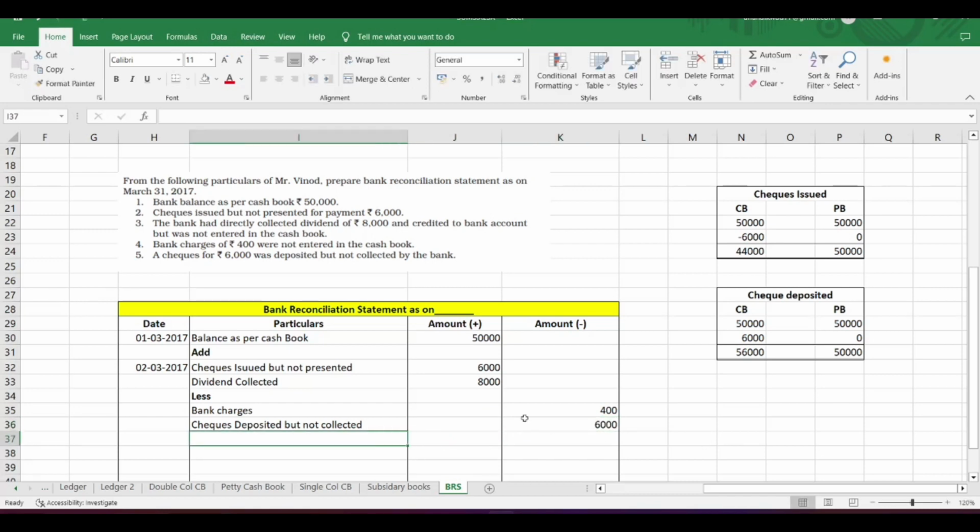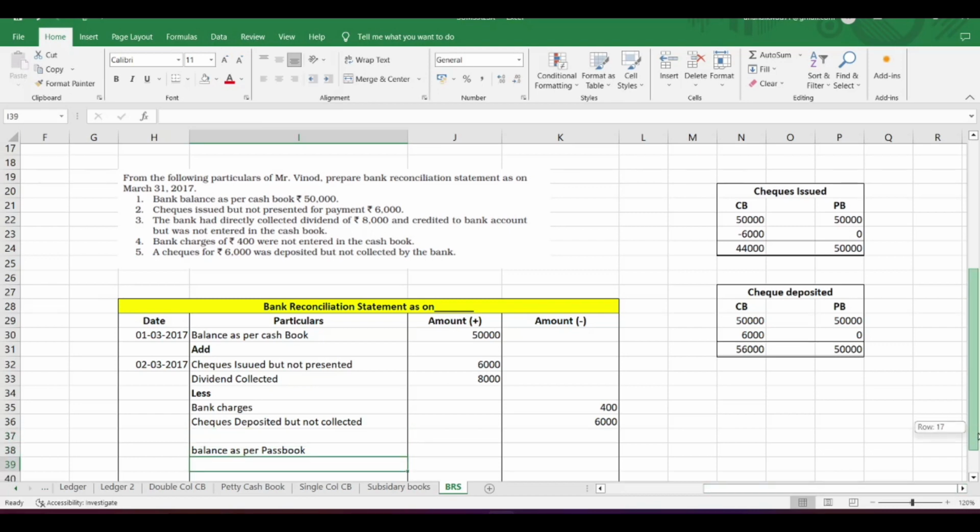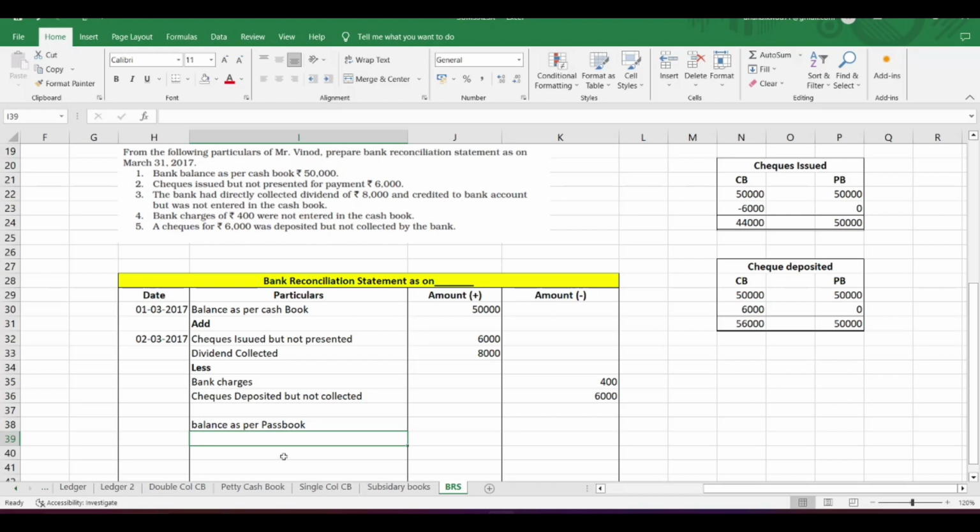Now let us find out the total of both the accounts. Balance as per passbook. The totals should be tallied. So here the total of the first column, the debit column, is 64,000 and the total of the credit column is 6,400.